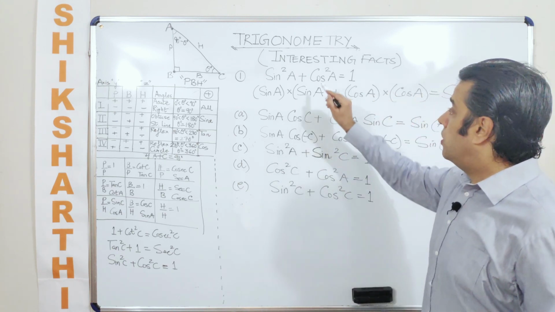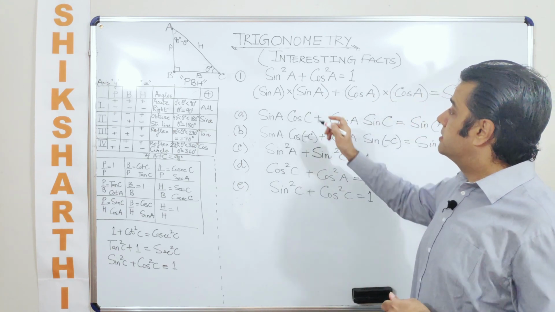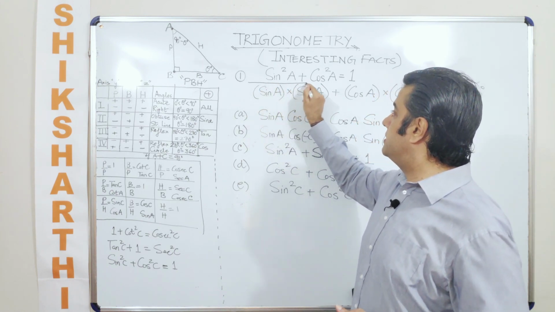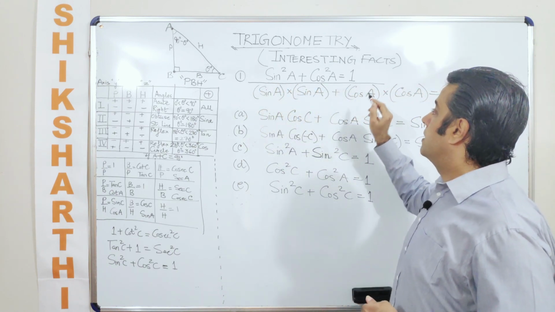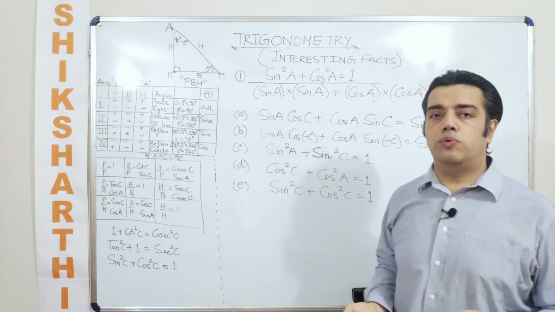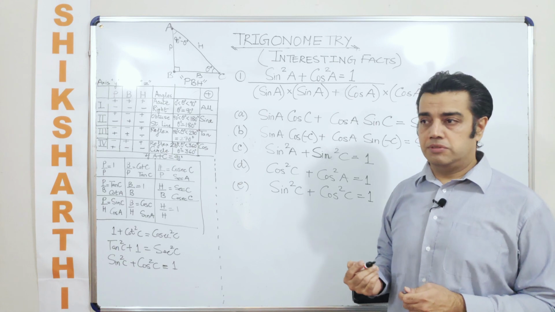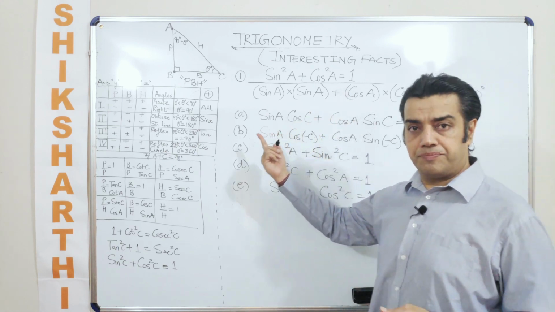Okay, so we all are aware of this identity. Which identity are we talking about? We are talking about the identity sine square A plus cos square A is equal to 1, which we have already proved in one of our videos, though you can prove it again.